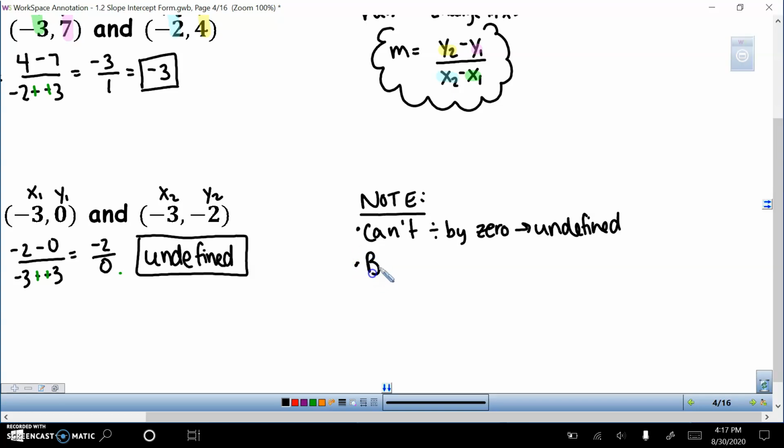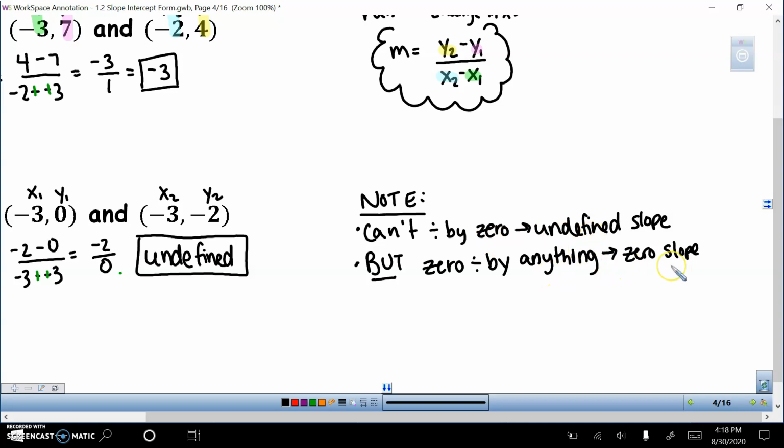But, this is a big but, you can do 0 divided by anything. Whenever you have 0 on top, your answer is just going to be 0, meaning you'd have a 0 slope versus an undefined slope. So 0 on the bottom is undefined, 0 on top is a 0 slope.